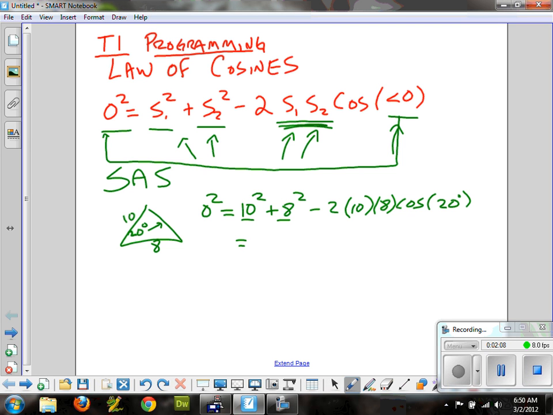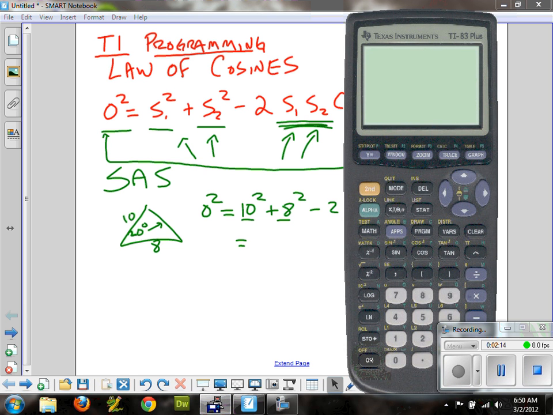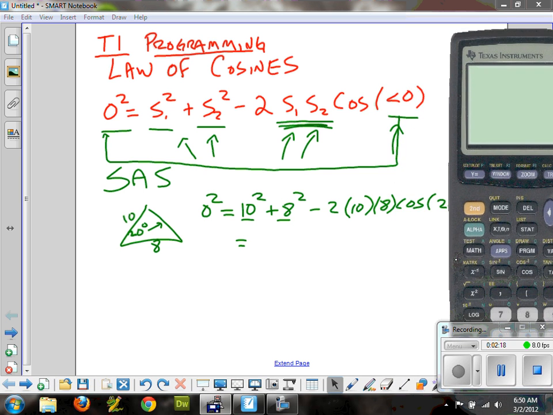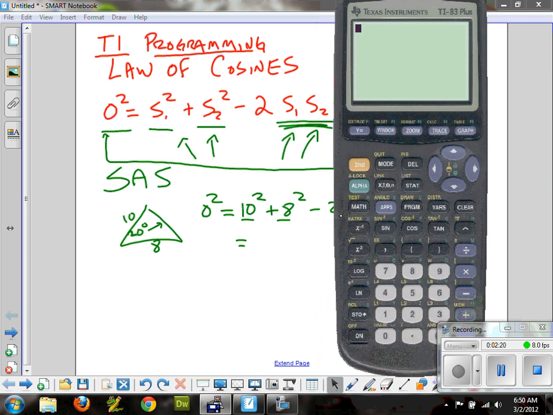I always encourage the students to calculate this in one shot on the TI-83. So we would plug in this formula: 10 squared plus 8 squared minus 2 times 10 times 8 times cosine of 20 degrees, close parentheses.